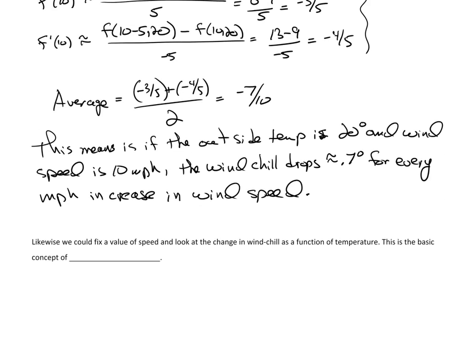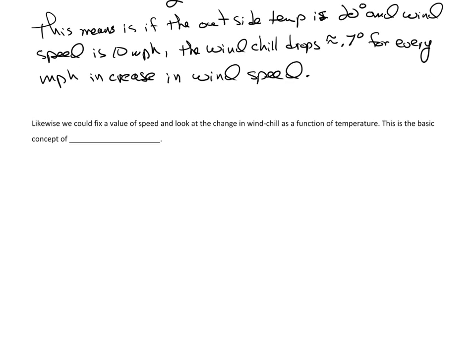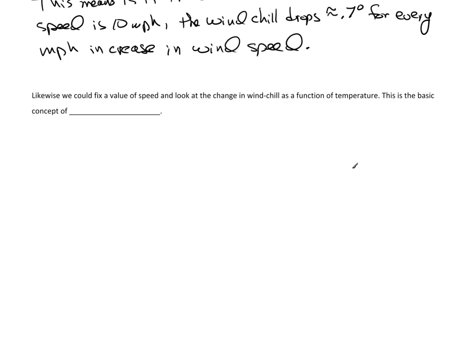Now, likewise, we could fix a value of the speed. And if we do that, we could then look at the change in the wind chill as a function of temperature with speed fixed. Now, this whole idea of fixing one of the variables at a specific value and then looking to see what happens with respect to the other variable in terms of the derivative is the whole concept behind the idea of a partial derivative.